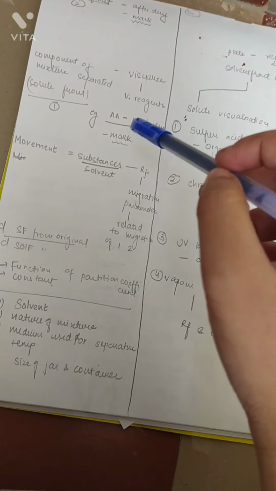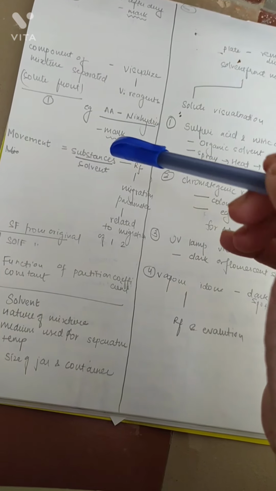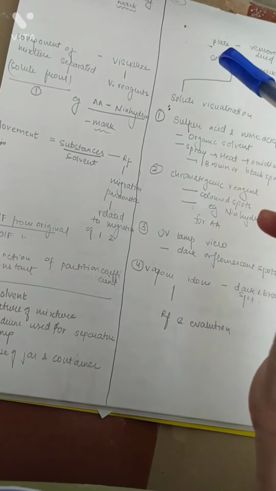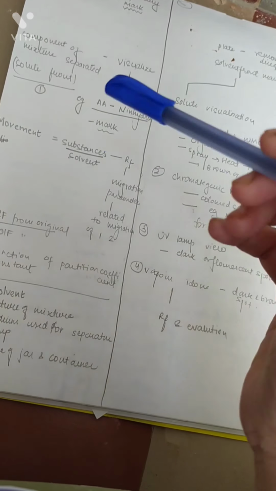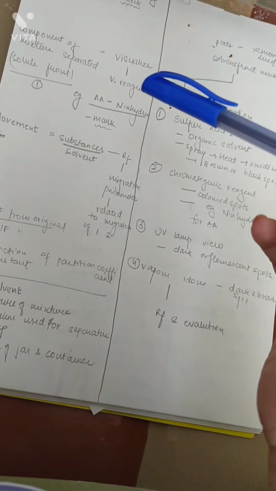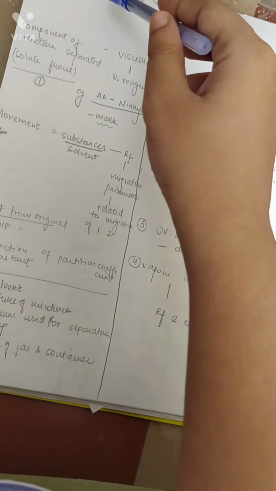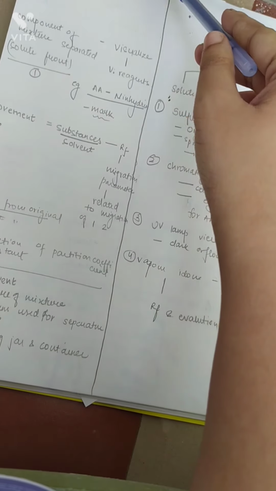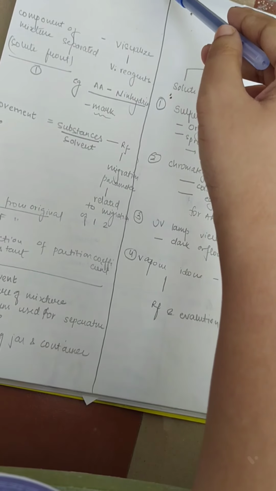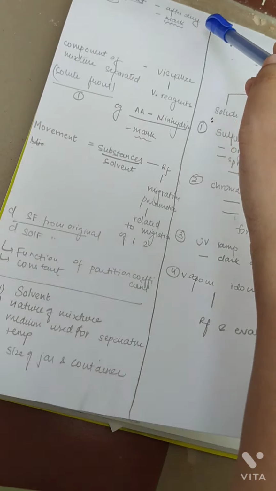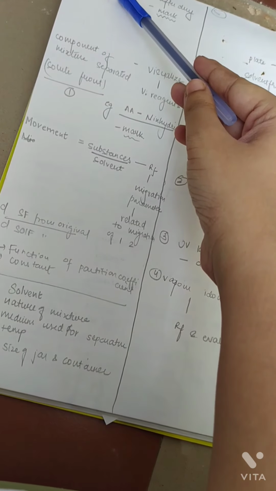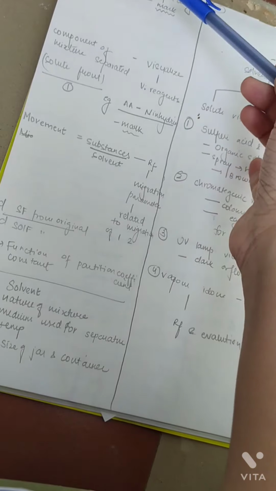Now after the development of the spots on the paper or on the thin layer, there are certain things needed for the observation of the chromatogram. After the paper gets dried, we mark the solvent front.